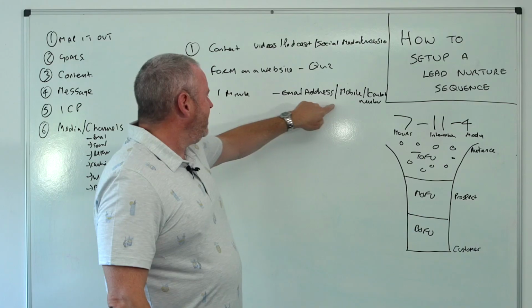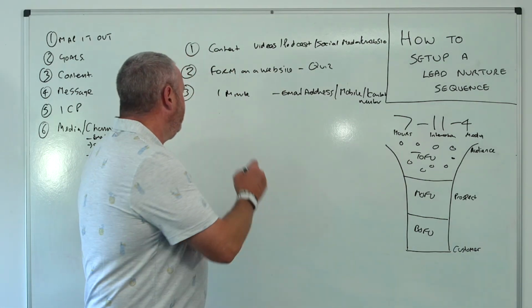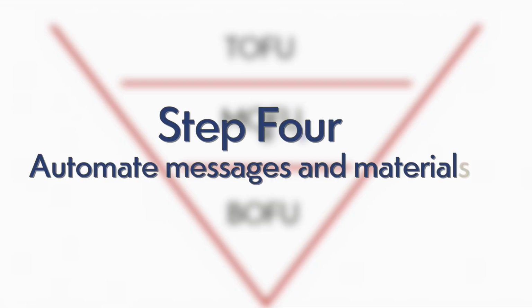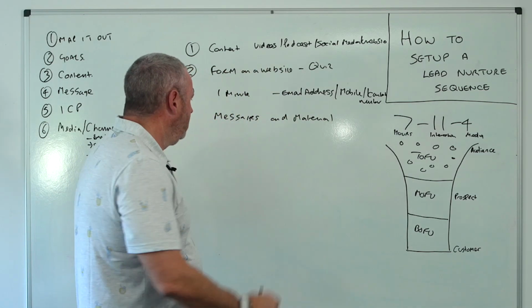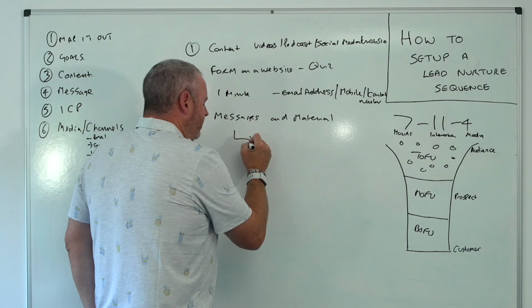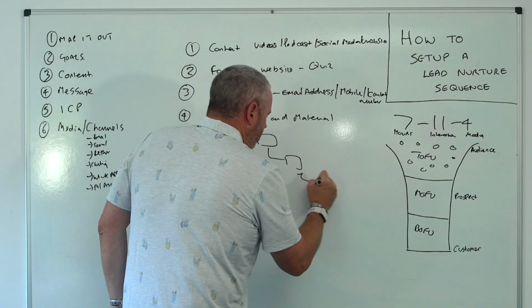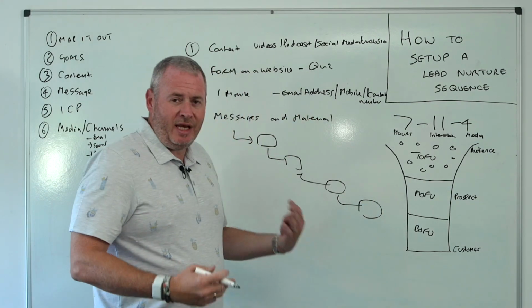So once we've collected some email addresses and data, what we're able to do is start off a journey that enables us to automate some messages and materials to be sent over a period of time. So for example, if you complete that quiz, you'll get a series of different emails over a period of different days, all with the intention of sharing value and insights with you.